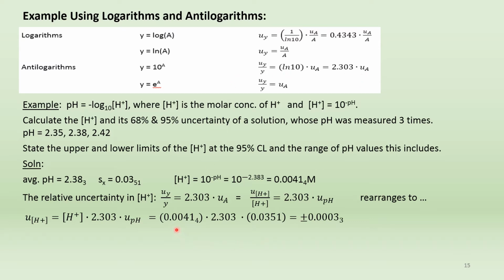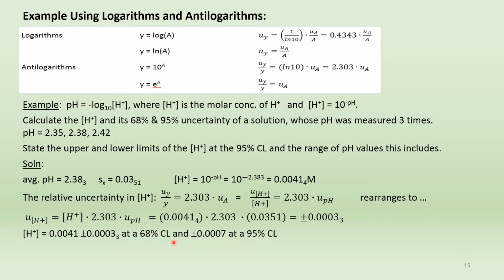Putting some numbers in, 0.00414 times 2.303 times 0.0351 gives me an absolute standard uncertainty of 0.0003. Now, the first significant digit is a 3, and so that's in the 4th decimal place, and look, that's consistent with my molarity, which has values up to the 4th decimal place. So the hydrogen ion concentration can be reported as 0.0041 plus or minus 0.0003 at the 68% confidence level.